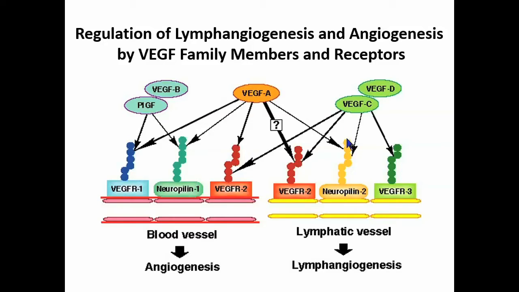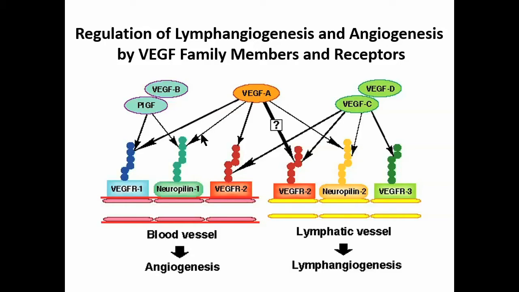So the health and maintenance of both blood vessels and lymphatic vessels are very important, and this is only a very limited picture. As Stan mentioned, this only captures what we so far know about vascular endothelial growth factors and the receptors.